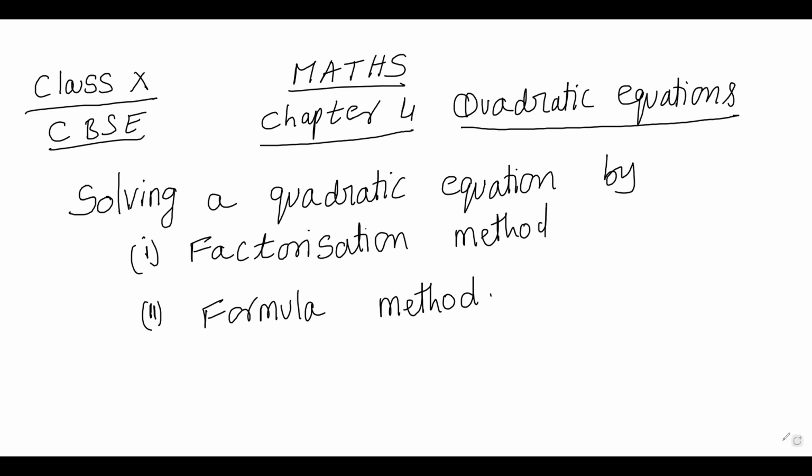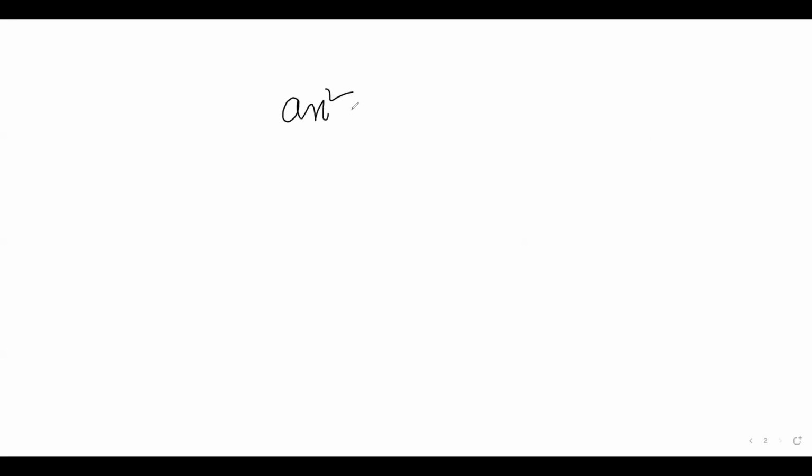You all know that ax square plus bx plus c is equal to 0 is a general form of quadratic equation. We can solve this by splitting the middle term. Split and take common and get x values.